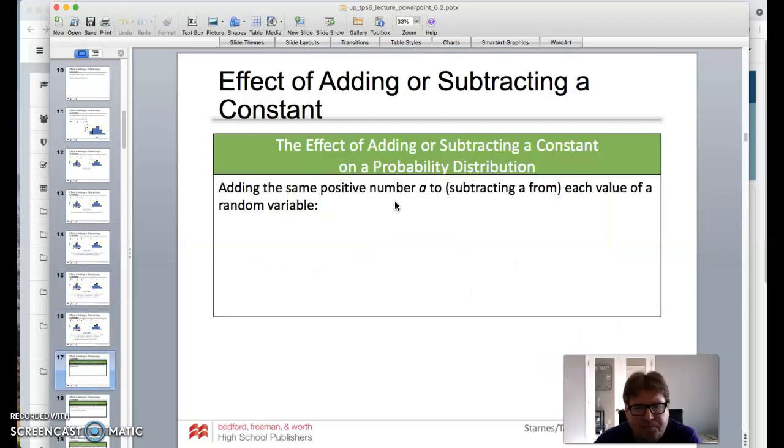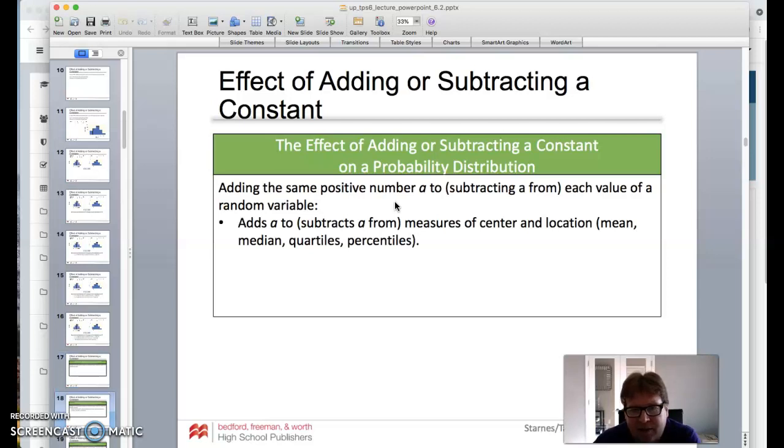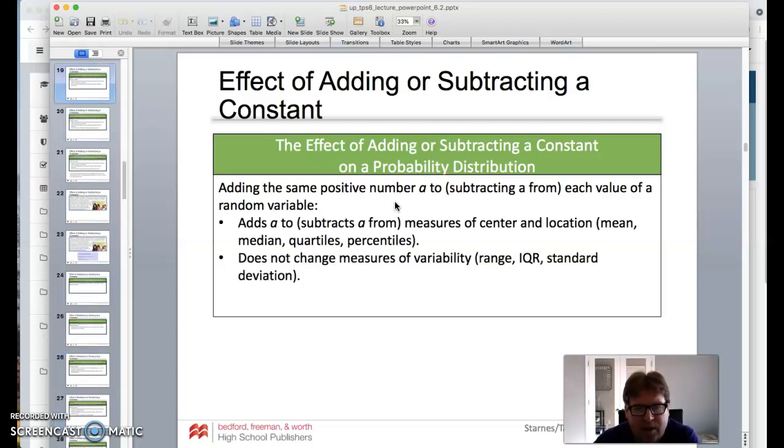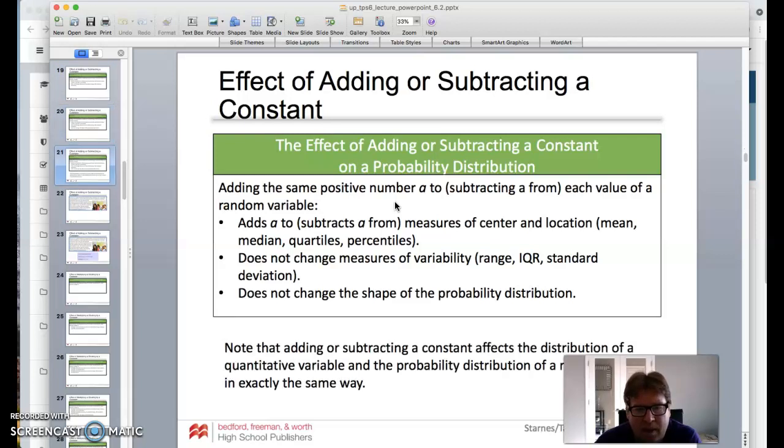So the effect of adding or subtracting is that we add or subtract that same number from the center: the mean, median, quartiles, percentiles, those types of things. The variability, the range, interquartile range, and standard deviation do not change when you add or subtract, and the shape stays the same as well.